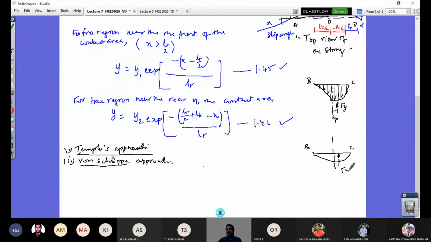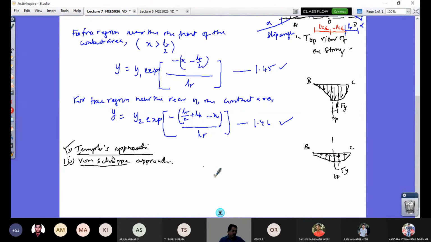This is my Fy. And of course, you have this TP responsible for this. So either you consider the force exerted by the tire on the rim or from the rim to the tire. One has derived using the force from the tire onto the rim in the contact patch, and Von Schipper has done it the other way, but both have converged to the same answer, right?